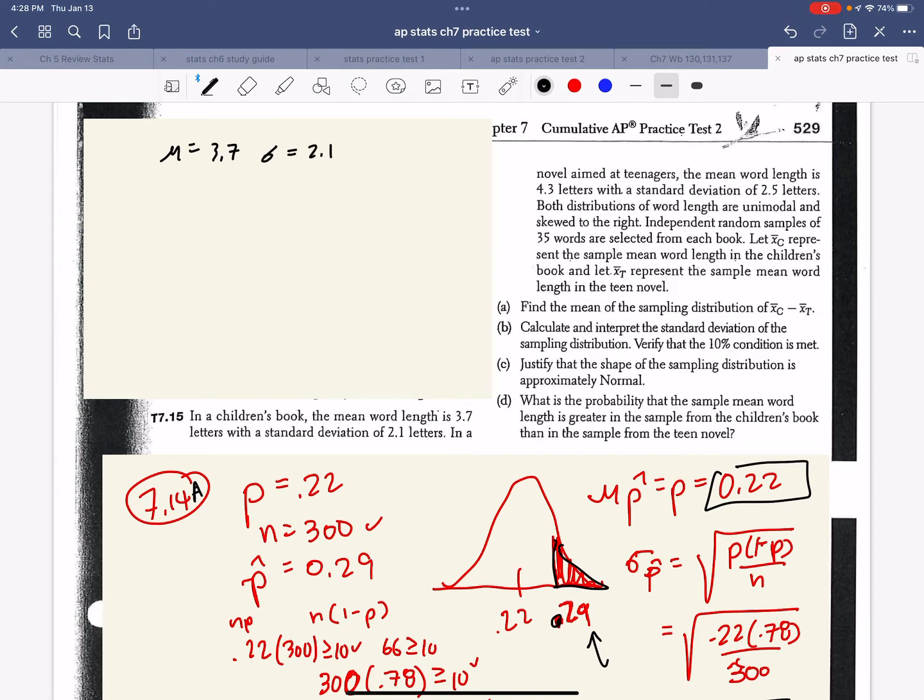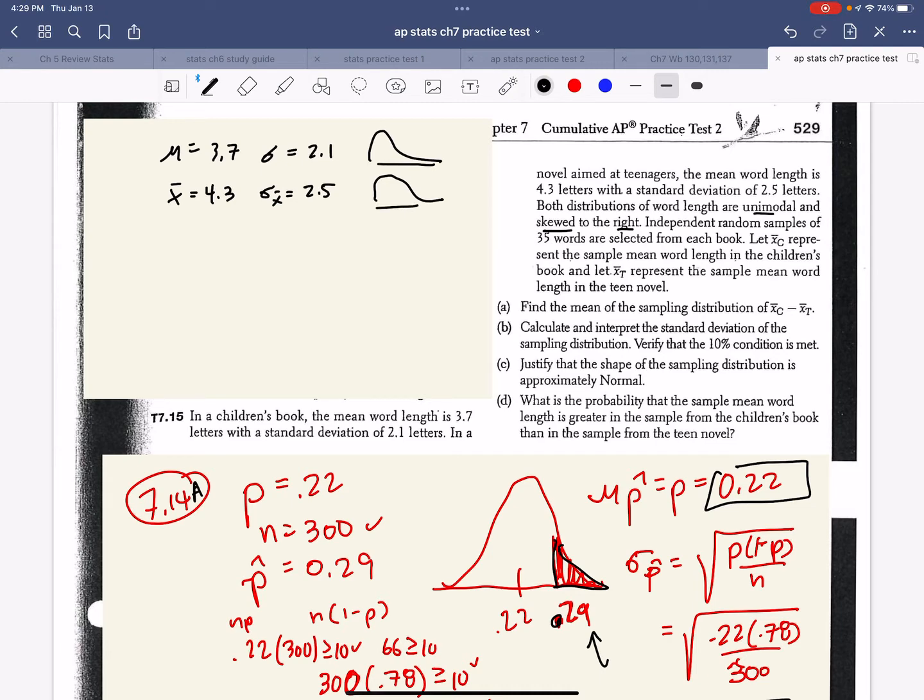In a novel aimed at teenagers, the mean word length is, so we can say that as a sample, 4.3 with a standard deviation of 2.5. Both distributions of word lengths are unimodal and skewed right. Okay, so something like that.